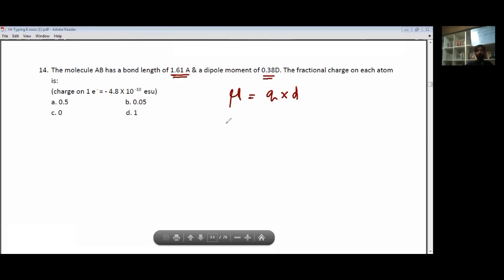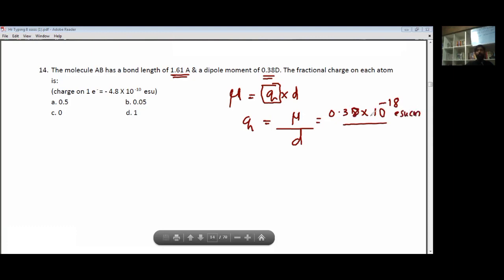Okay. So listen. So let's find the total charge. Fine. So in order to find the total charge, you have to divide the dipole moment by the distance. So what is the dipole moment? 0.38 D, and you know 1 D is equal to 10 raised to minus 18 ESU centimeter.